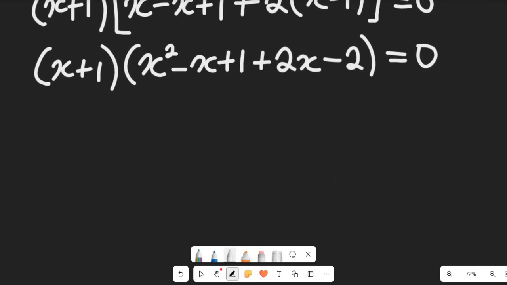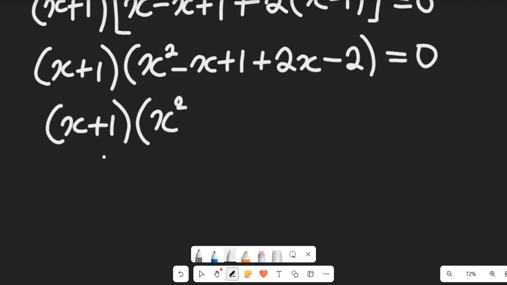Simplifying this, I'll have x plus 1, right, and all of these will give me x squared minus x, right, minus 1. All of these will be equal to 0. So minus x plus 2x is going to give me a positive x. Great. So this expression is what we're going to finally get, which is a zero product rule.